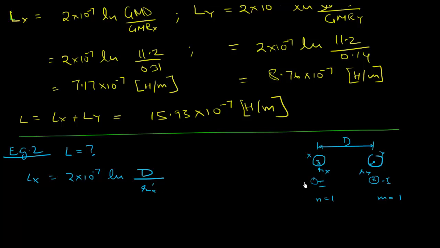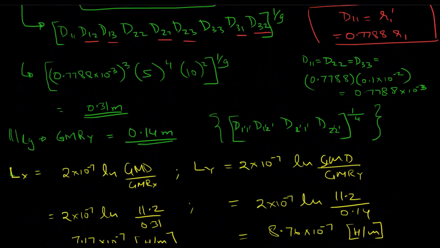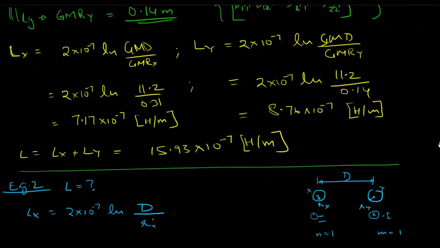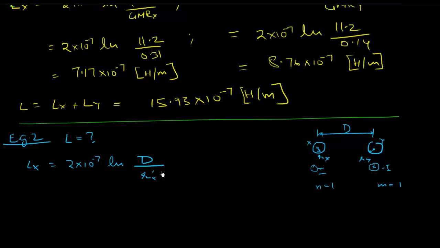So N is 1. As I mentioned here, in this case, it's just one strand. So the distance is just D11. And D11 we know is nothing but Rx prime. Similarly for Ly, we have 2 into 10 to the power minus 7 ln of D over Ry prime.